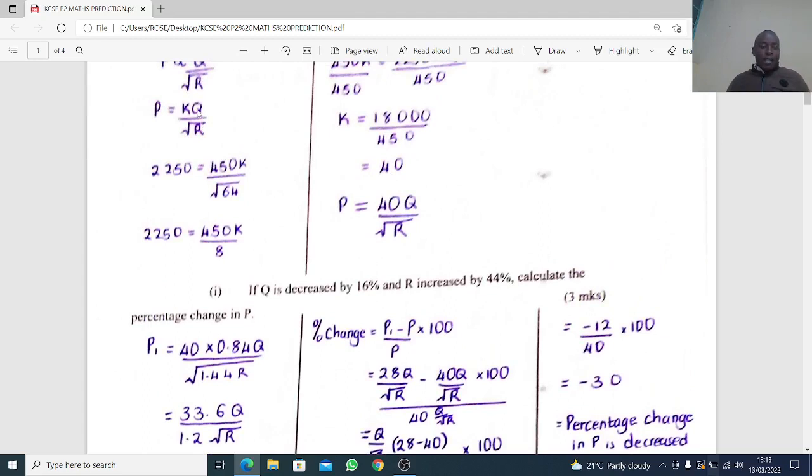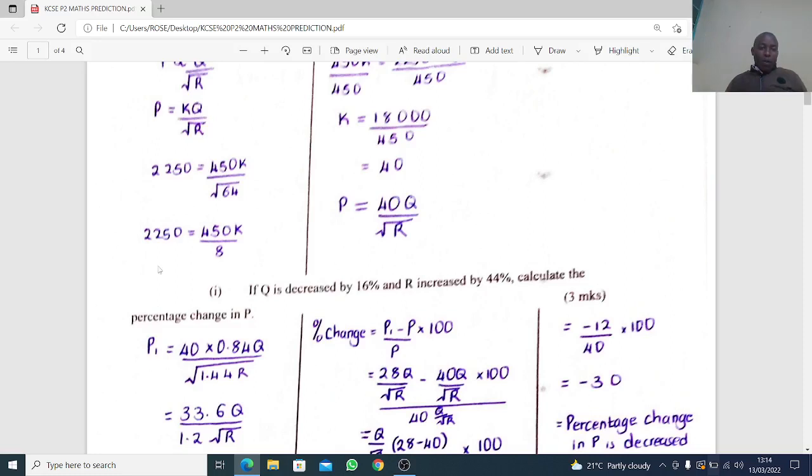So from 100 you decrease by 16, you get 84. So 84 divided by 100, you get 0.84. So you get 84%, that is 0.84. Then it will be 0.84 times, of course, KQ, and K is 40. So 40 times 0.84 times Q.